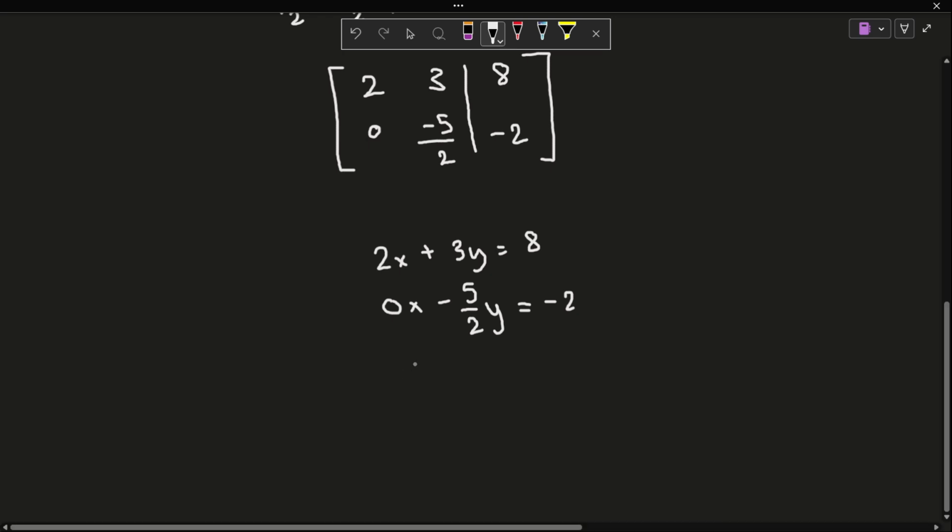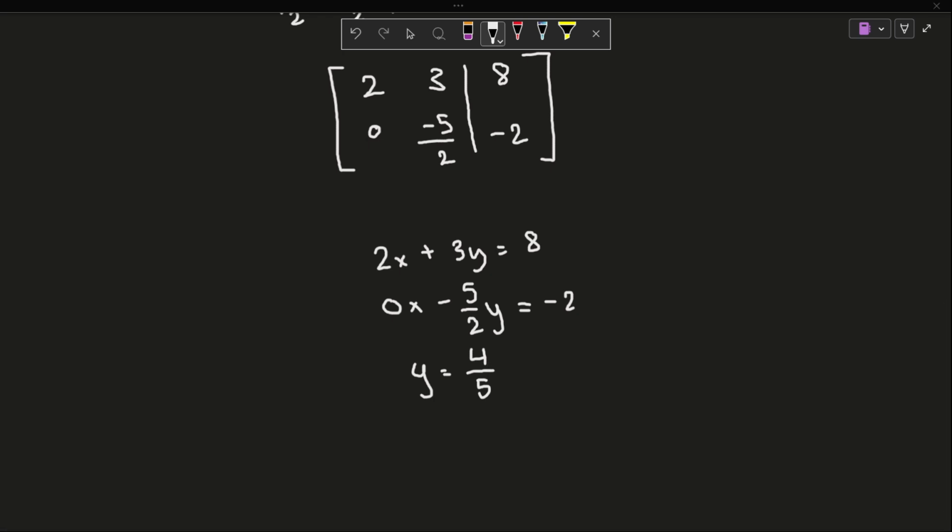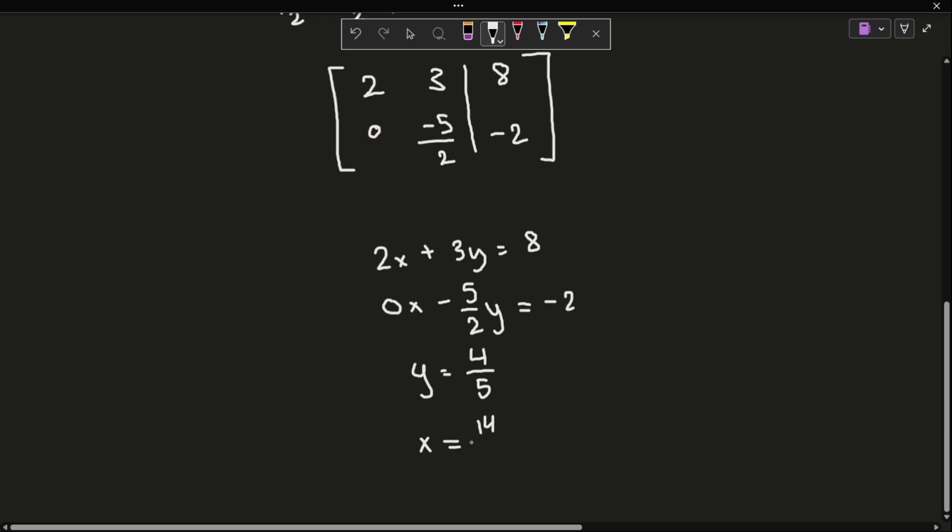So y would be 4/5, and that's y. And now we can just substitute this into the first equation, and we should be getting 14/5. So that was a very, very basic example of how we can solve something using Gaussian elimination.